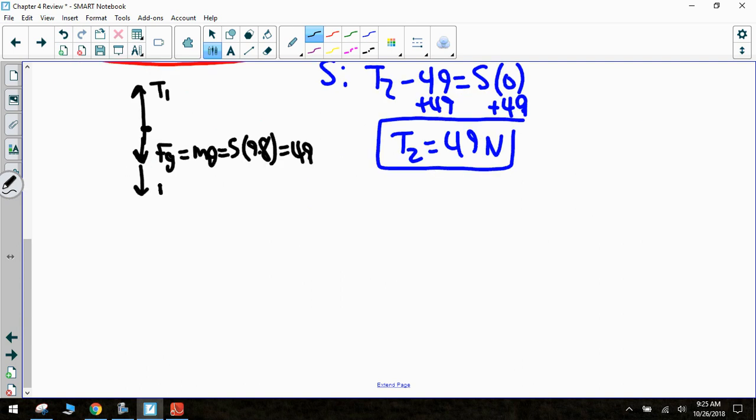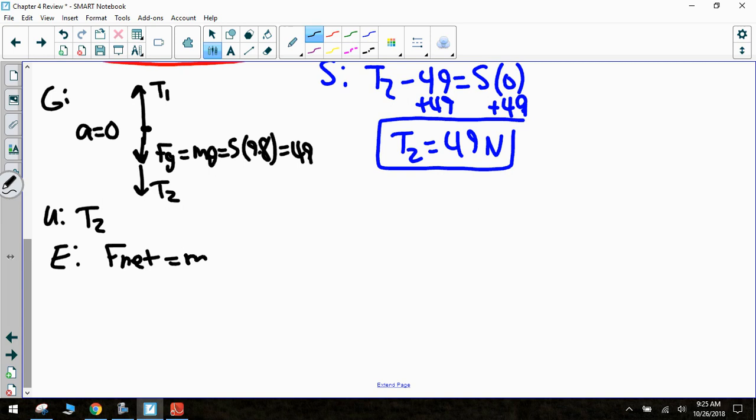But I also have T2. Again, the acceleration is equal to 0, right? So those are my givens. Unknown is T2. I already have T1. I calculated it before, right? My equation is F net equals M times A. I go to solve.